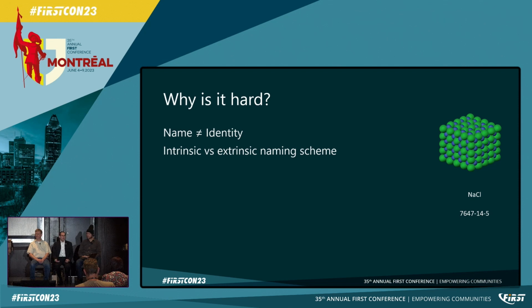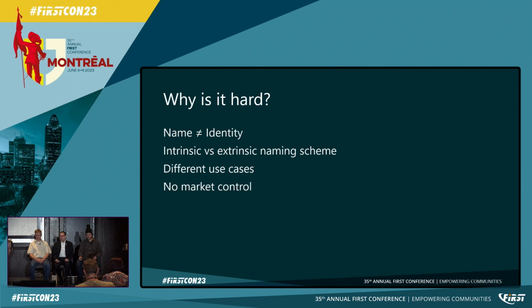It comes from the Chemical Abstracts Service, a service in the US, and it gives a unique ID to every chemical substance found in scientific literature. It's the same thing, but now we have two names for it. And you'll know other famous extrinsic naming schemes like your social security number or your tax number. Those are extrinsic: there exists a register that links back to an identity.